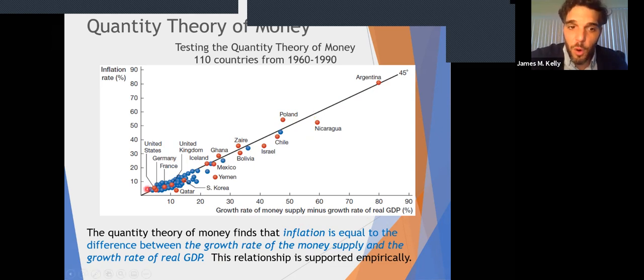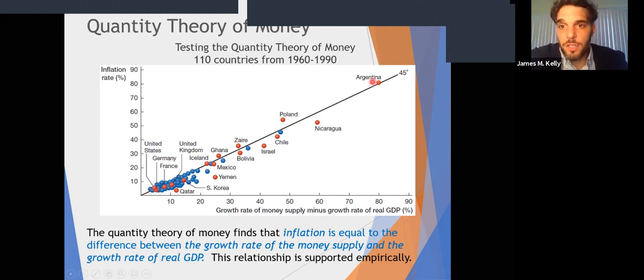And we see that for the most part, whether inflation rates are relatively low or relatively high, as we see in Argentina, the quantity theory of money holds. Why? Because the inflation rate is roughly equal to the difference between the growth rate of the money supply and the growth rate of real GDP. Okay, so we look at this as pretty strong evidence that the quantity theory of money holds over time.